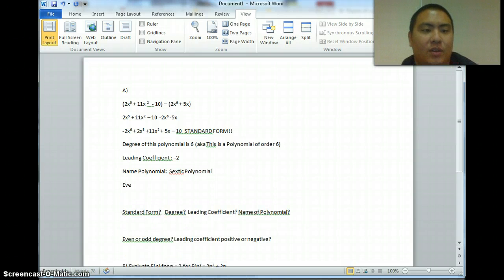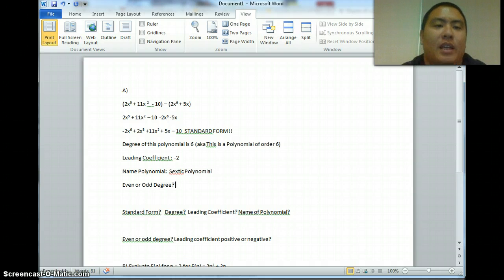Is this an even or odd degree? Well, the degree of this thing is 6. So that means it is an even degree, and that's because 6 is even. Okay.